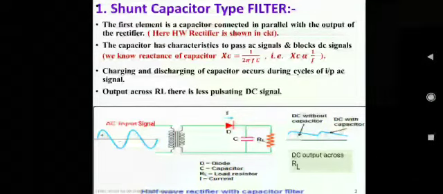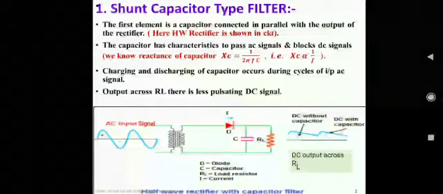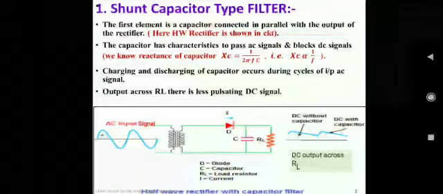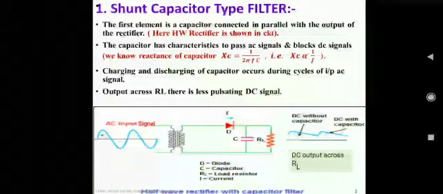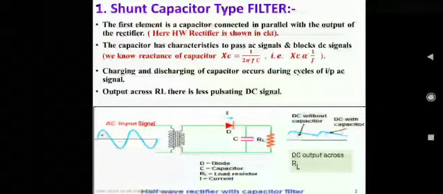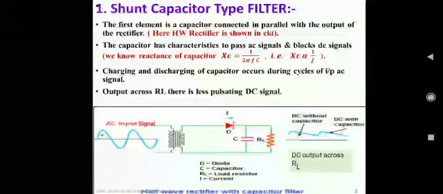In this circuit diagram, we have taken the example of half wave rectifier, and output of a half wave rectifier is connected to the shunt capacitor, that is capacitor connected in parallel, and output is taken across the load resistor, which is also in parallel with the capacitor. So the name is given from this, as the capacitor is connected in parallel or shunt, so the type of filter is shunt capacitor type of filter.